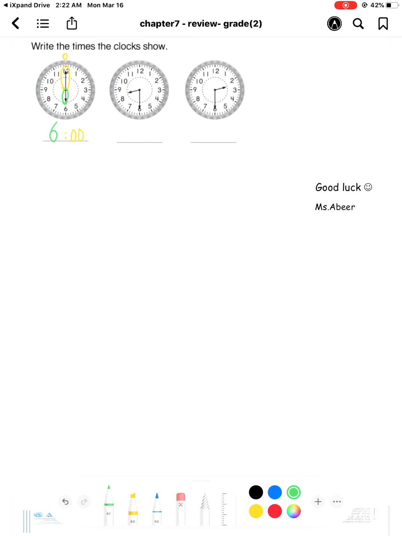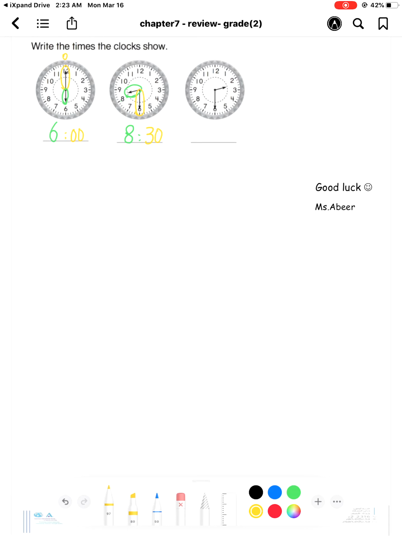Now the next one. The short hand, the hours hand is at 8, so it's 8. And as I told you before, when the minutes hand is at 6, it means 30, because it's 30 minutes, half an hour.